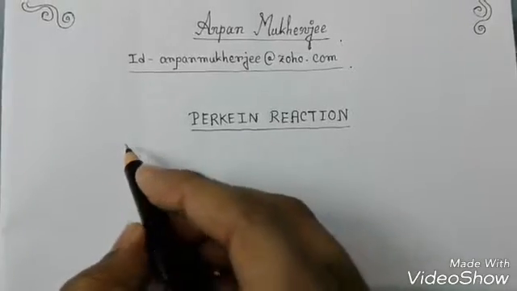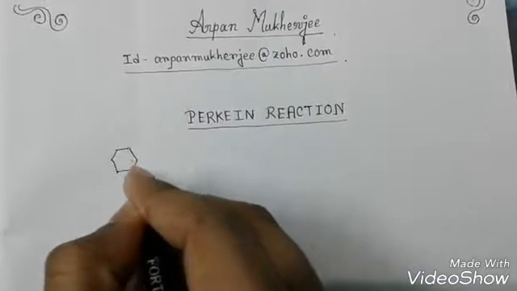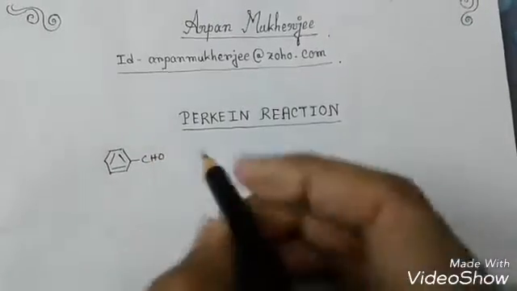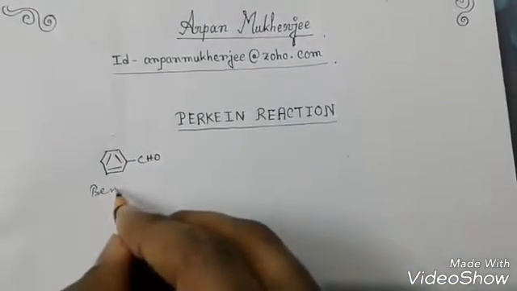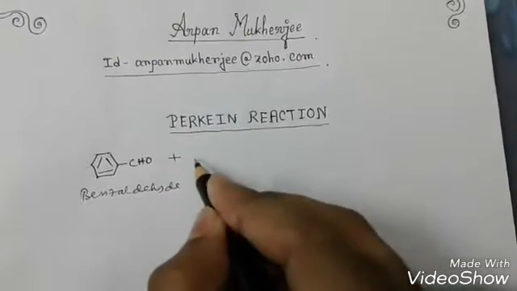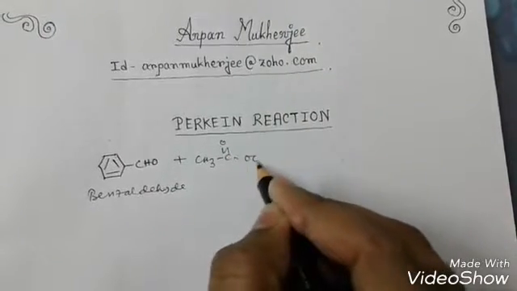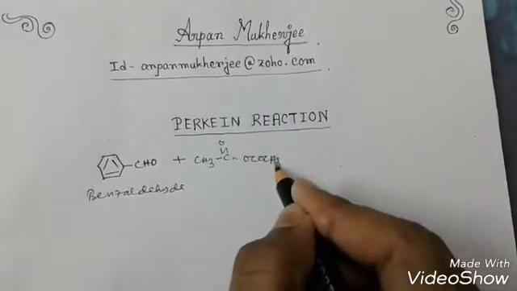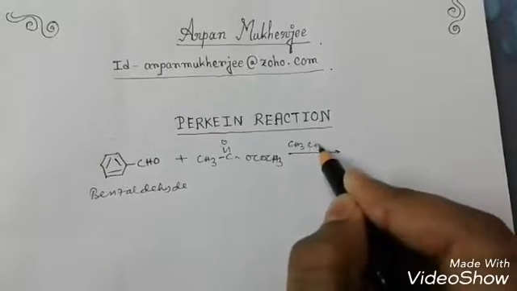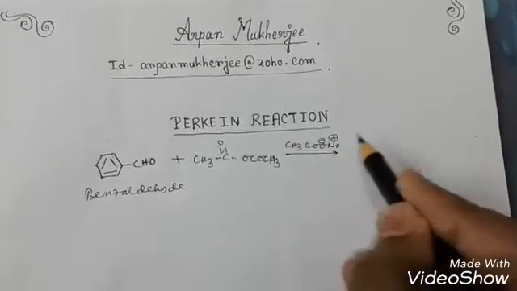Okay, the Perkin reaction is where an aromatic aldehyde such as benzaldehyde is taken. It is the substrate, and it reacts with an anhydride, such as acetic anhydride, in the medium of a salt of acetic acid, sodium salt or potassium salt of acetic acid.